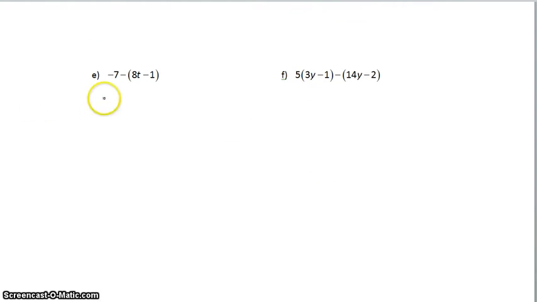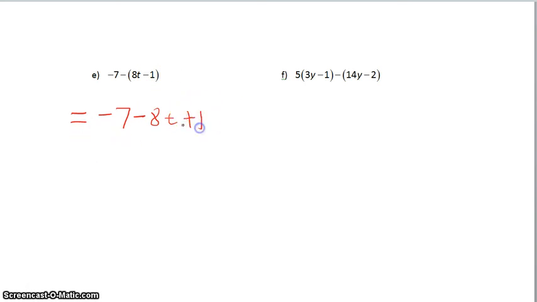Now we come down here to E. Now we have -7, and this time we have a minus sign in front of this parenthesis here. Whenever you have a minus sign in front of the parenthesis, the only thing you need to do is change the sign of everything inside of the parenthesis. This positive 8t will become a minus 8t. This -1 will become positive 1.